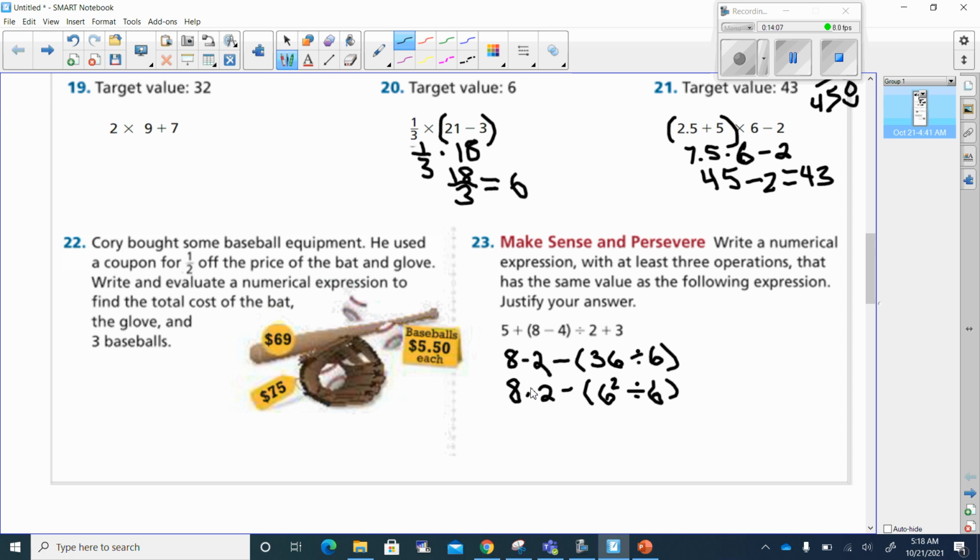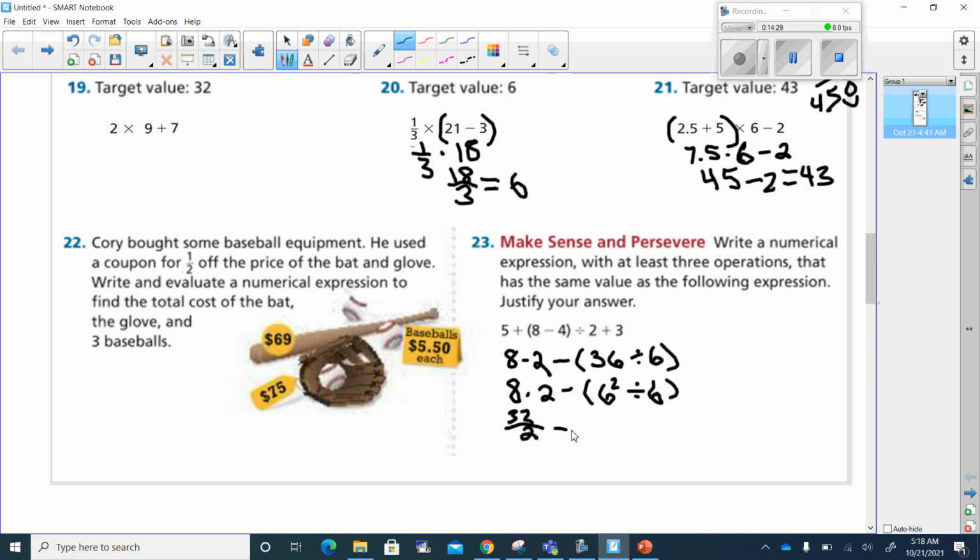Okay, another way I could put this is if I needed to get 16 here, what if instead I took 32 and divided it by 2? That would give me 16.